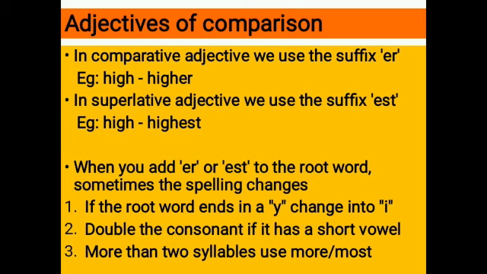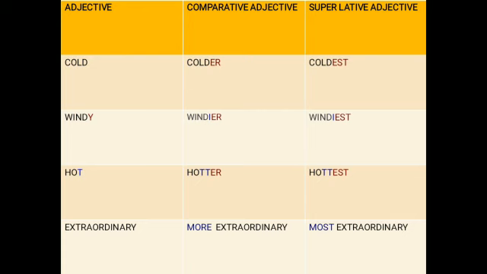For instance, if the root word ends in a y, change it into i. The second point is double the consonant if it has a short vowel. And lastly, if the root word has more than 2 or 3 syllables or ends with the word full, use more or most. Look at the following examples.